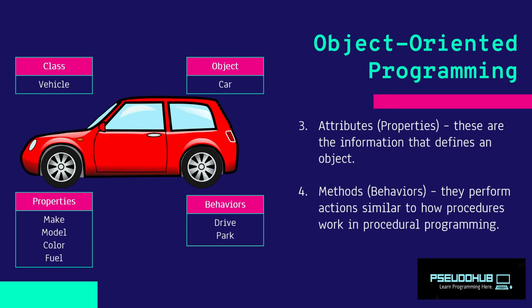So just to give you an idea, properties can also be referred to as attributes and behaviors can also be referred to as methods. Later on, as we go deeper in object-oriented programming, you will know why gitawag na to siya objects and class, especially when we instantiate class and at the same time, especially when we learn the other concepts of object-oriented programming, for example, polymorphism, inheritance, and other concepts in OOP.